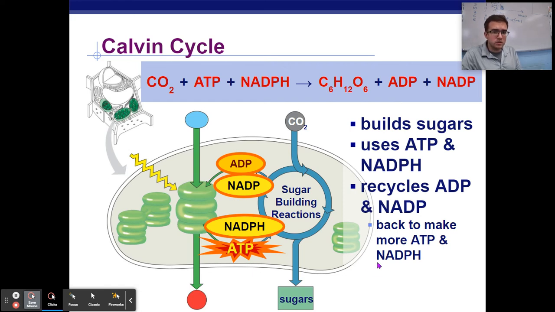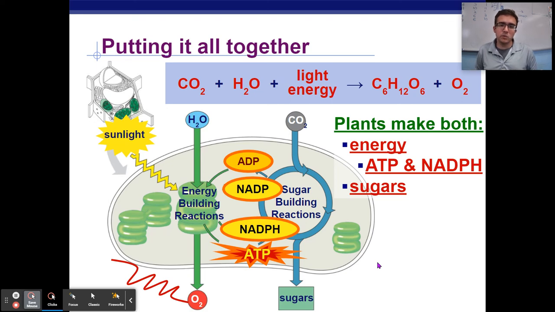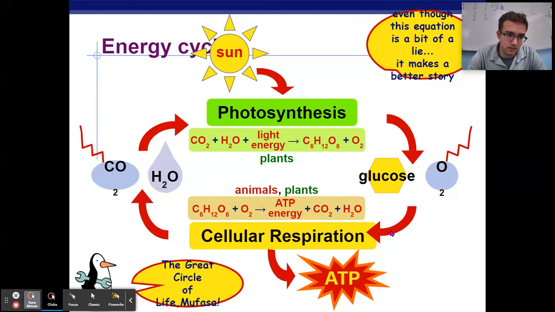So if we put the two equations together, we get something like this. This is where that photosynthesis equation comes from. Carbon dioxide plus water plus some light is going to give us glucose and oxygen. Plants make both energy and sugars from this process.